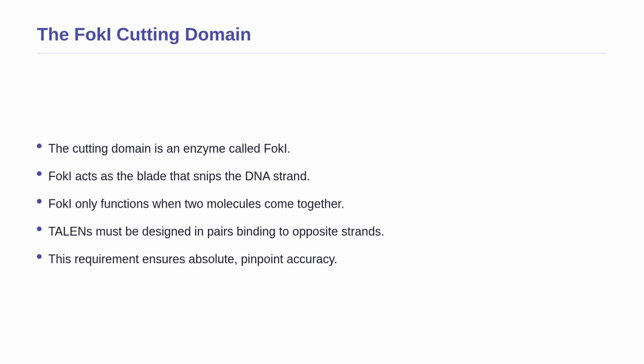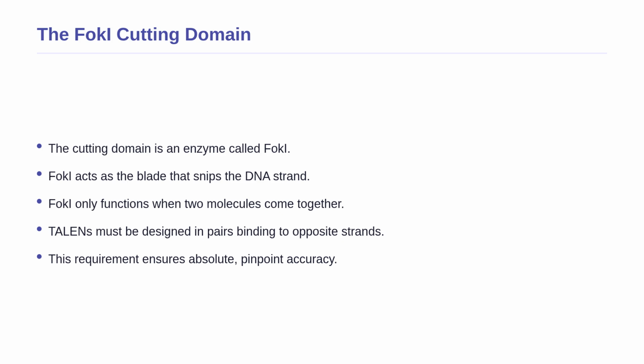Building on the structure we just discussed, let us focus on the cutting mechanism itself. The cutting domain attached to the TALEN is an enzyme called FOK1. You can think of FOK1 as the actual blade that snips the DNA strand. However, there is a brilliant built-in safety feature. A single FOK1 molecule cannot cut DNA on its own.